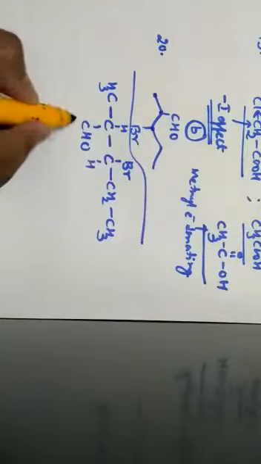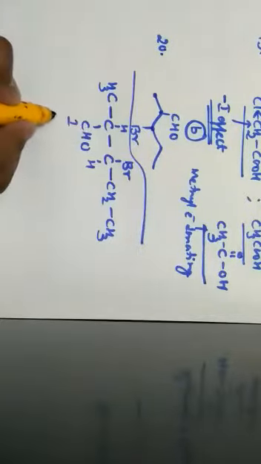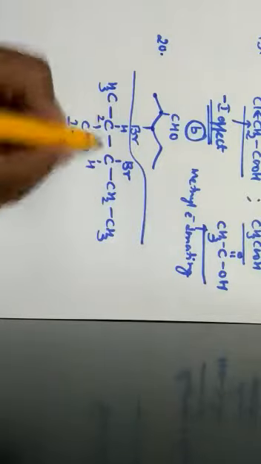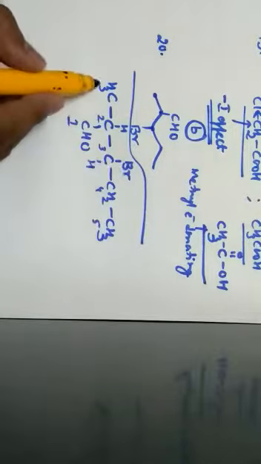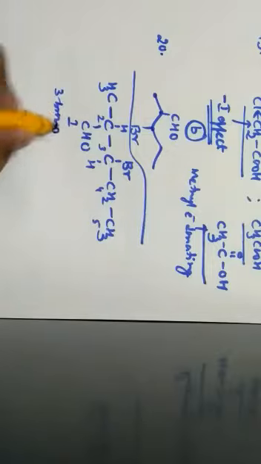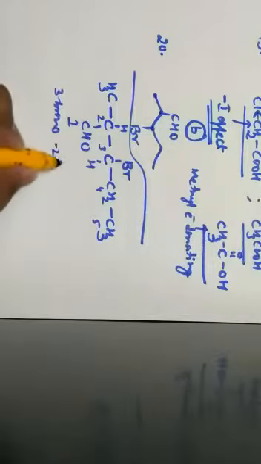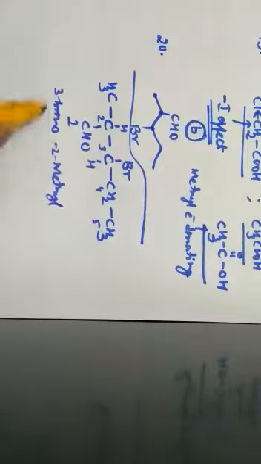Let us give the longest chain numbering. So carbon is a part of a functional group, hence start the numbering from this carbon. 2, 3, 4, 5. So at third position there is bromo, and at second position there is methyl. So according to alphabetical order, this can be named as what? 3 bromo, 2 methyl, because at third position bromo, at second position methyl.